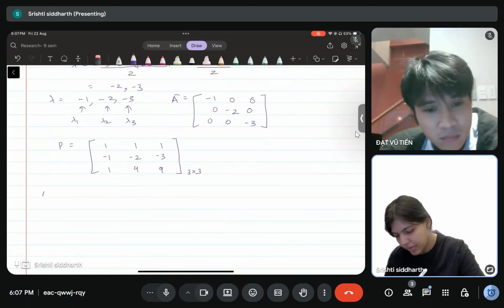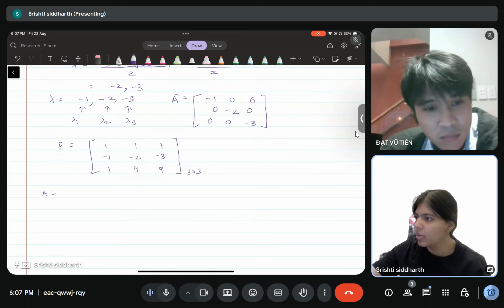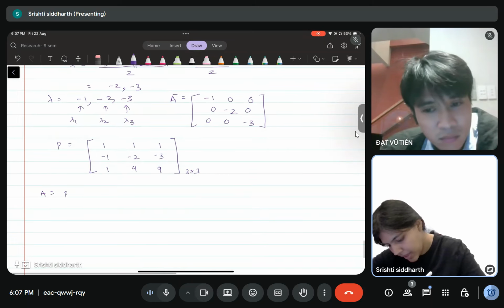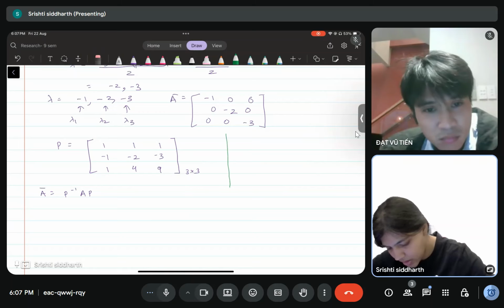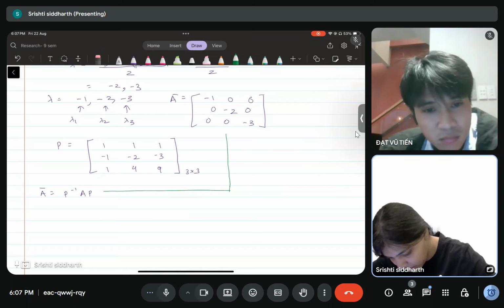So let's check if A bar equals P inverse AP. Let's check this after this class. They should be equal.